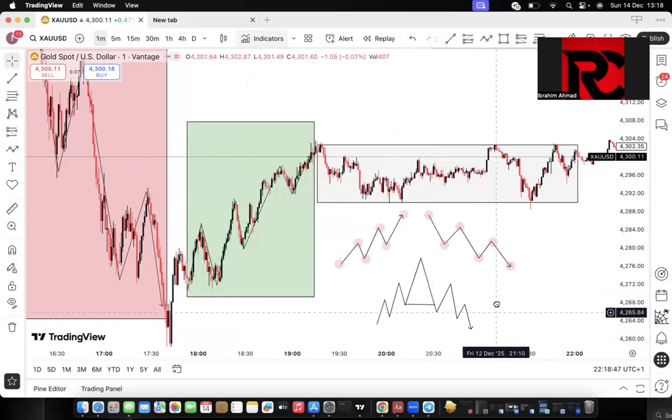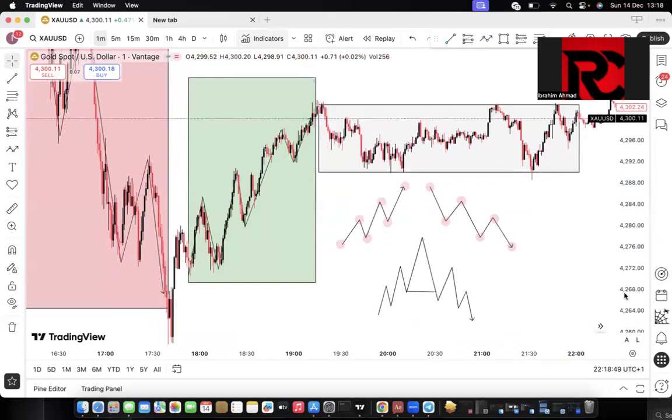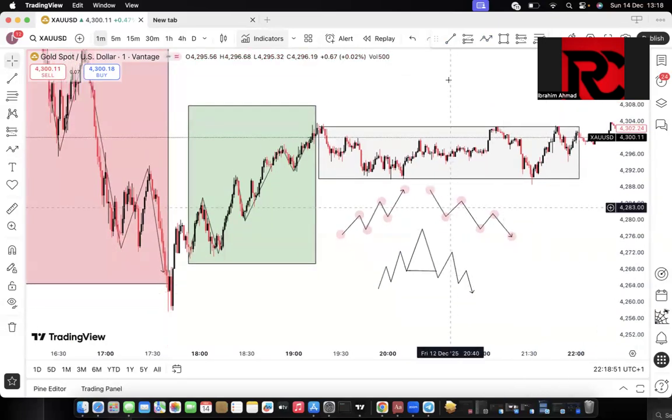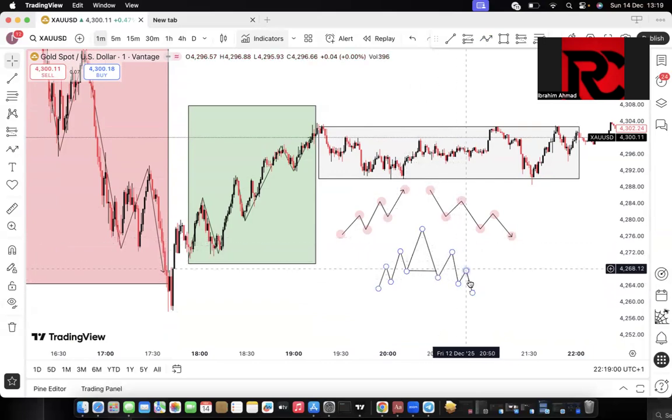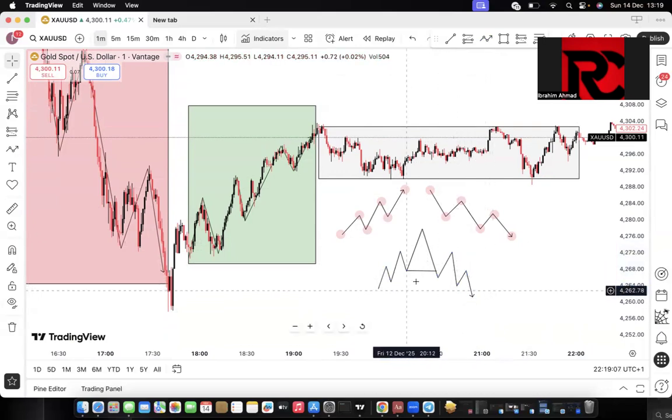So when price is trending on a certain structure, it keeps breaking the highs. This is on a bullish market. And on the bearish market, it breaks the lows. But when the opposite happens on any of these markets, that means that there is a market structure shift. So what does that mean?